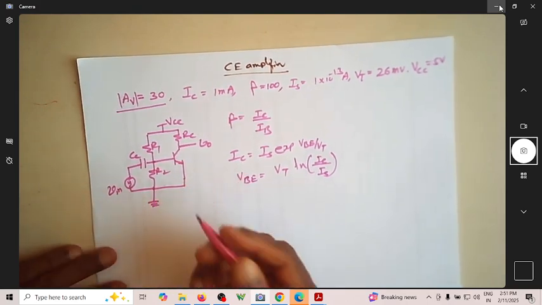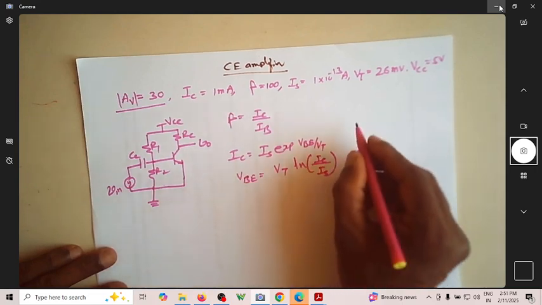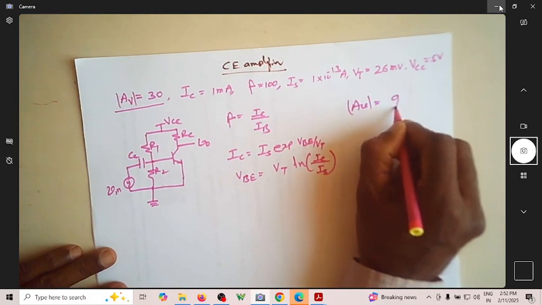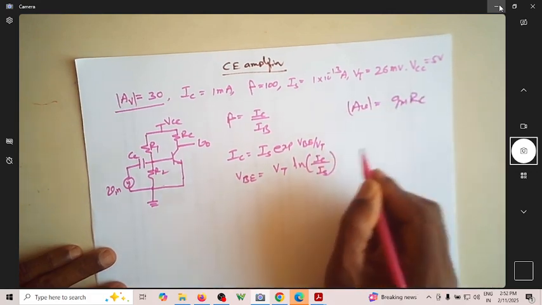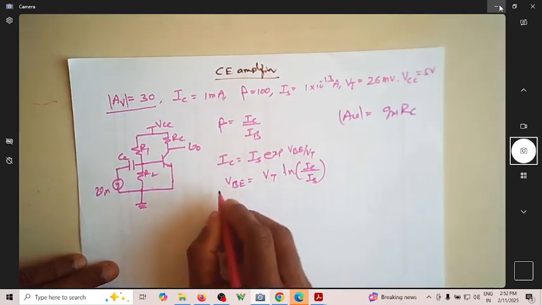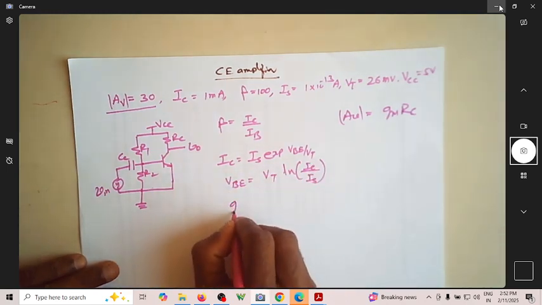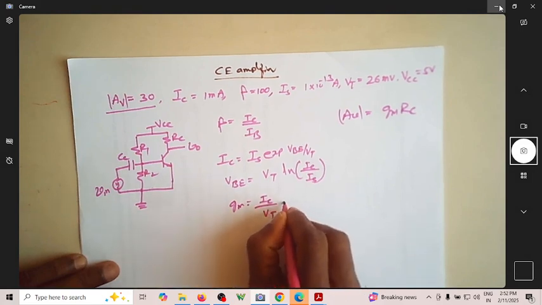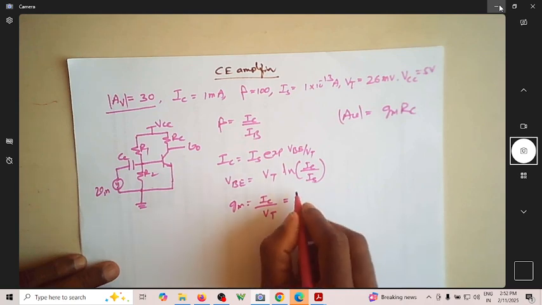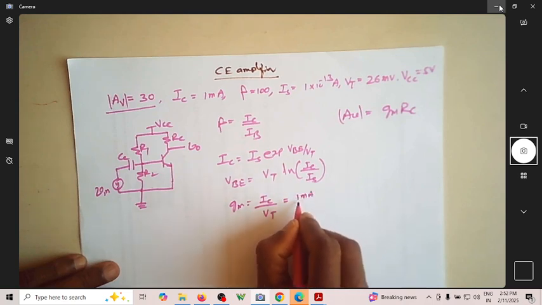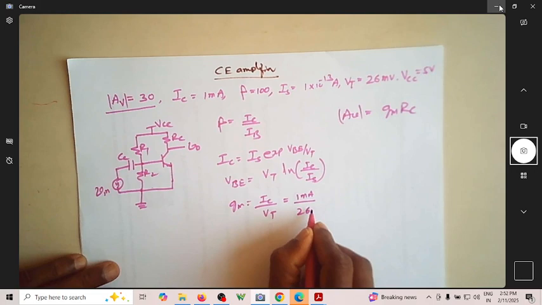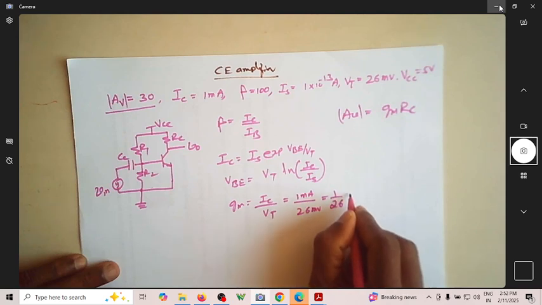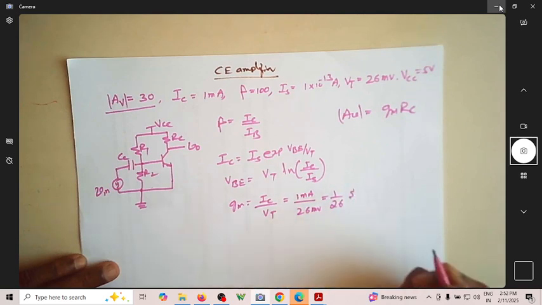And what else we have? We have the expression for the gain as magnitude of AV is equal to GM into RC. And we also have GM is equal to IC by VT, which is now 1 milliampere divided by 26 millivolt, which happens to be 1 over 26 Siemens.